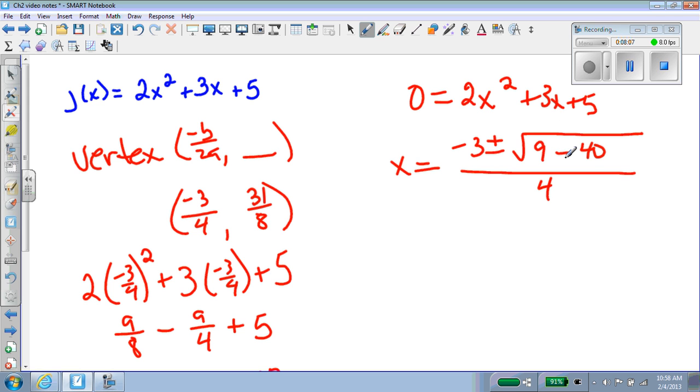So this 9 minus 40 is a negative number, so my x-intercepts would be imaginary, but x-intercepts have to be real things on the x-axis. So I have no x-intercepts. So obviously this thing looks like it's at negative 3/4 and it goes up like this. So it doesn't have any x-intercepts.